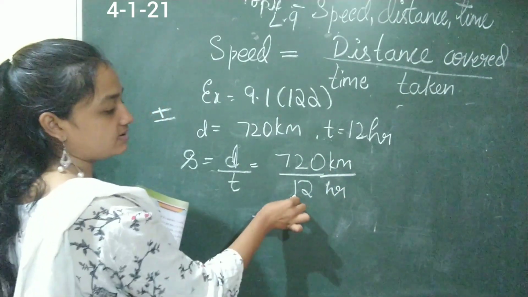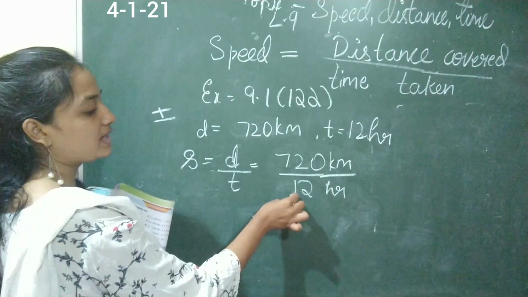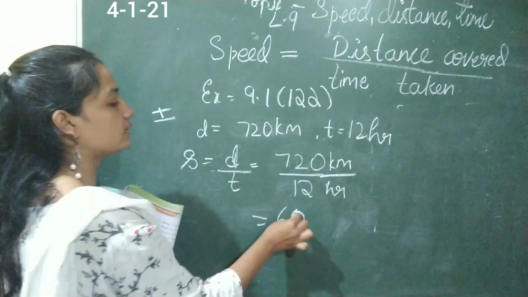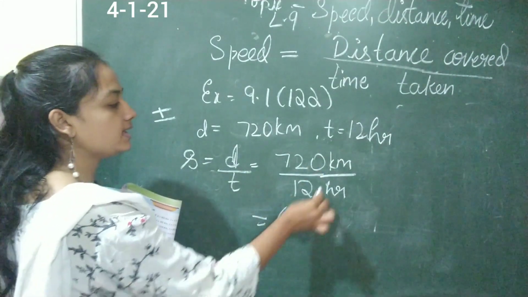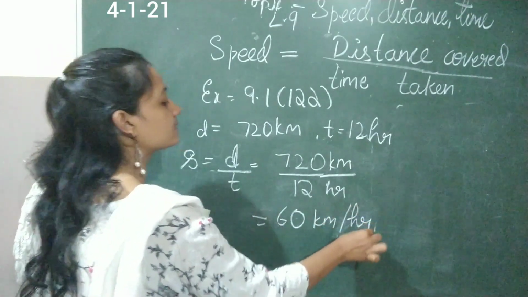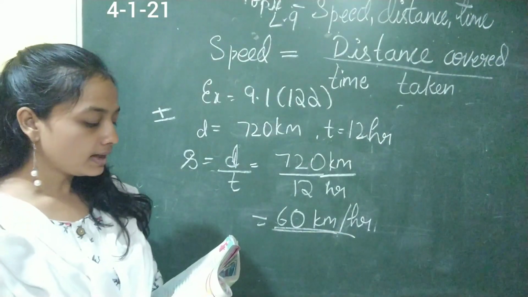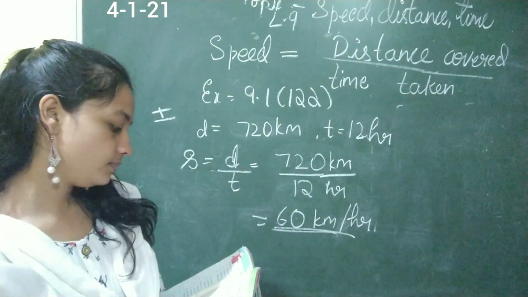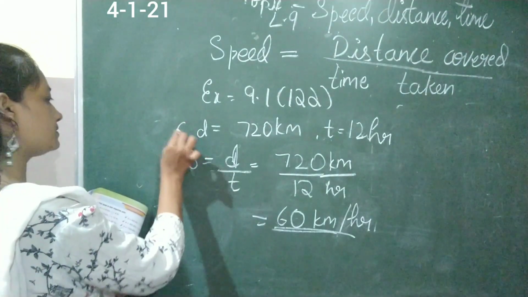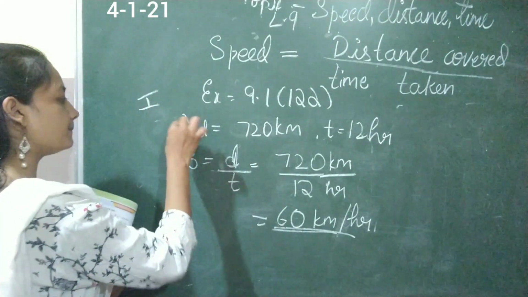When I divide 720 by 12, I can easily say 12 6s are 72 and I write the 0 here. So it is 60. What is the unit? Kilometer per hour. This is my answer. This was C sum. Next I'll be doing the E sum.